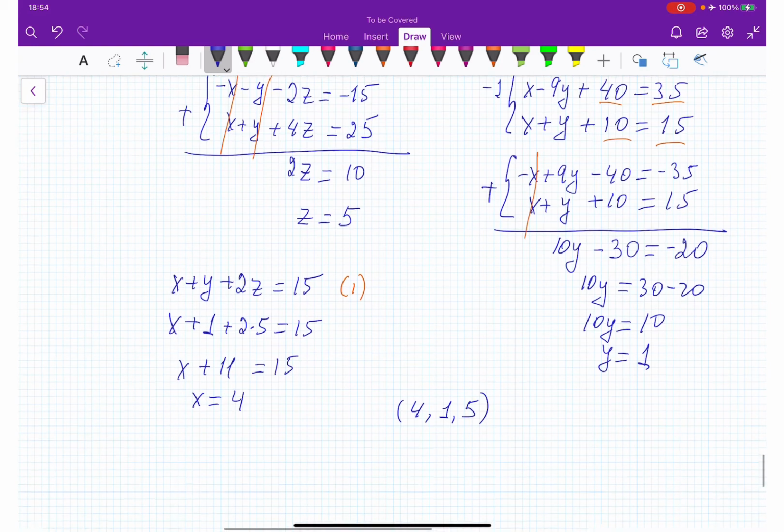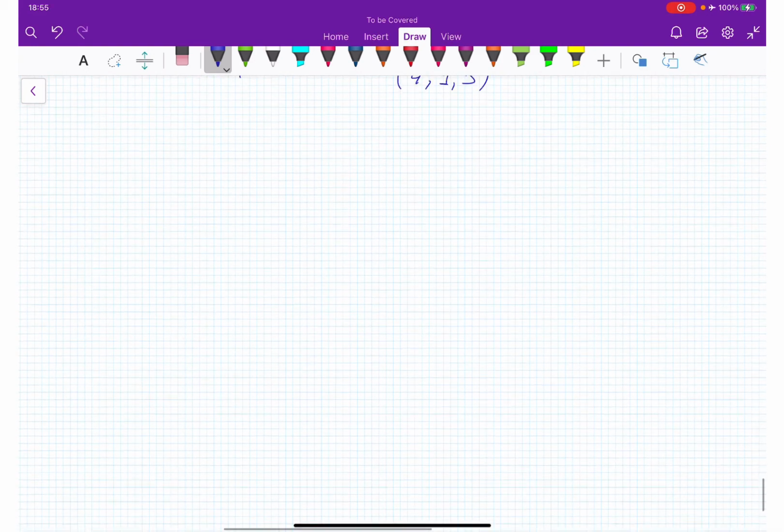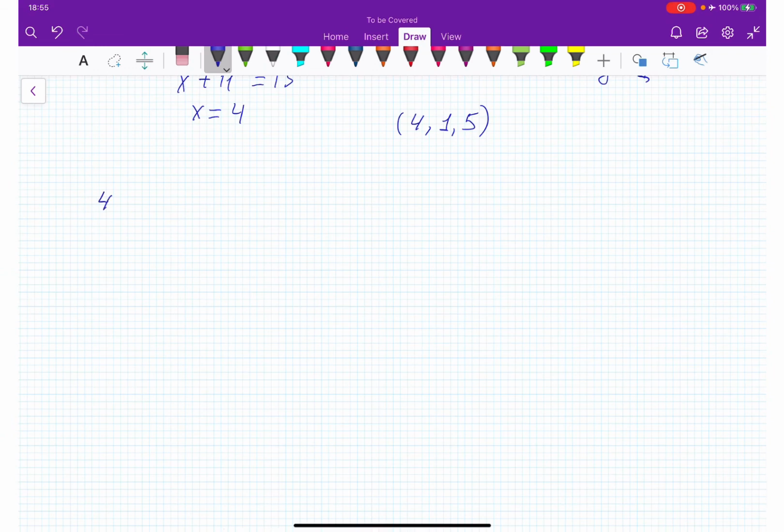Moving to question number 4. x plus y plus 2z is equal 5. x plus y plus 9z is equal 19. x plus 8y plus 6z is equal negative 8.